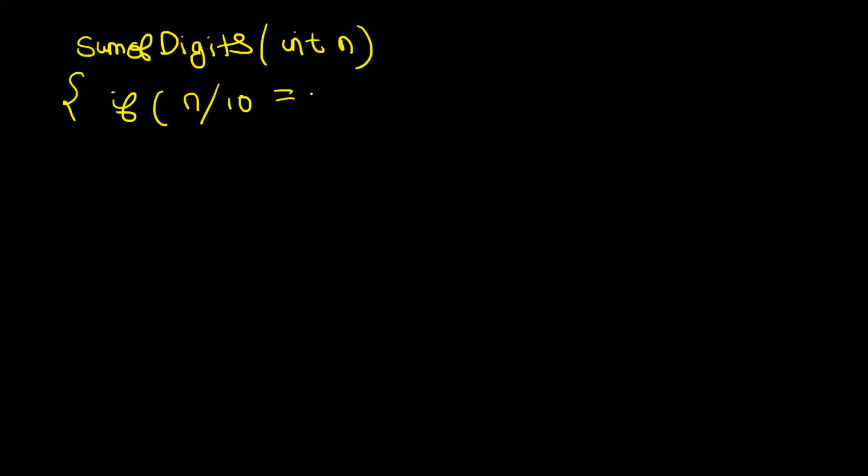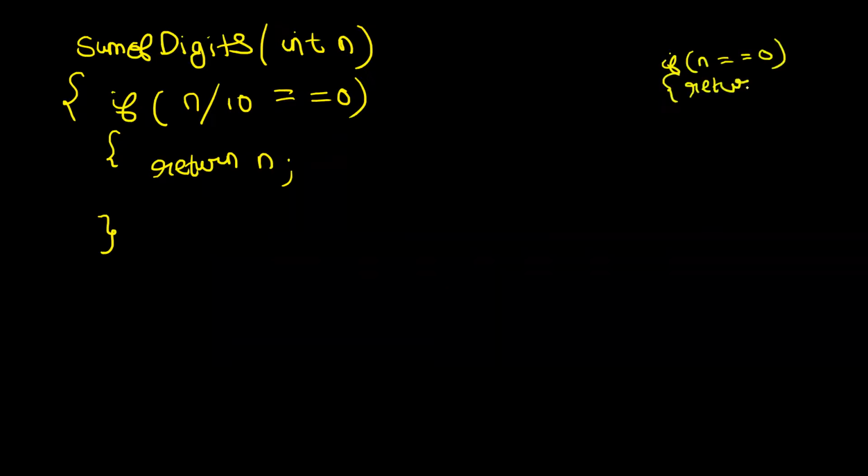If n by 10 equals 0, what does this mean? That n is a single digit. So what will be the sum of that single digit? Return n. Does everyone agree with this? You can have either this base case or you can also have this base case: if n equals 0, return 0. That is also fine. Any one of the base cases will work fine.